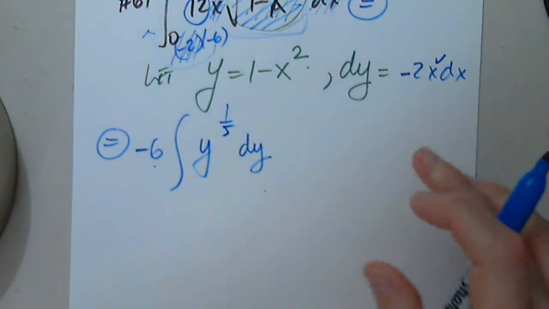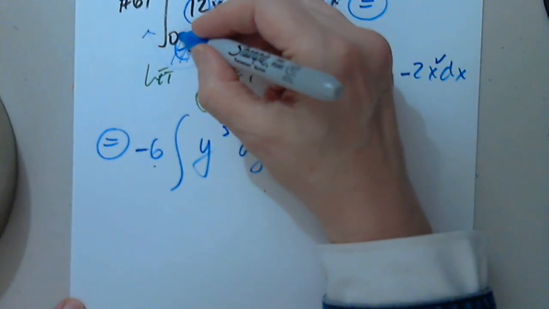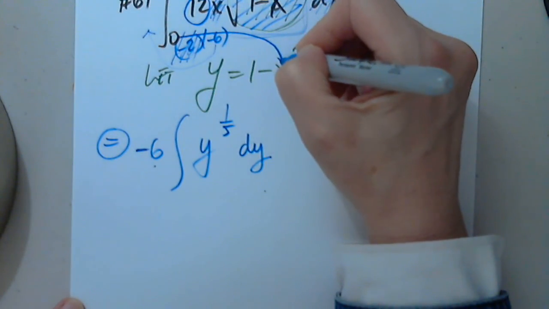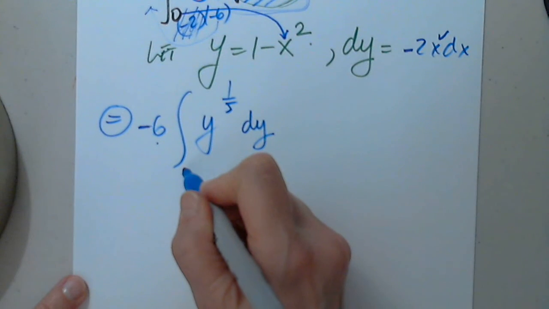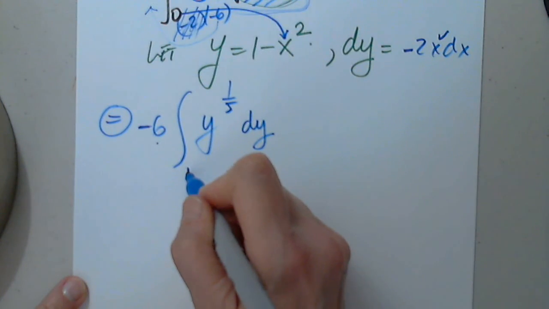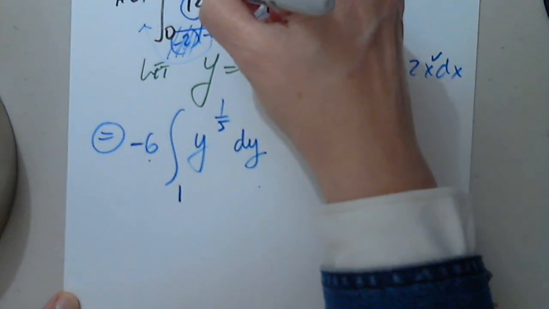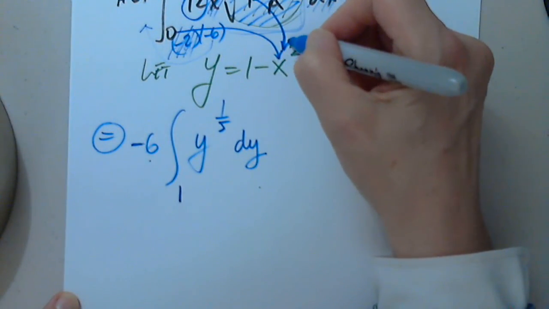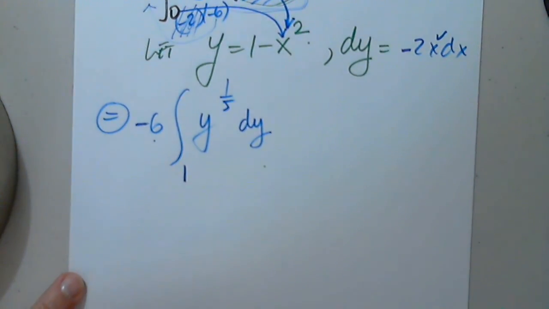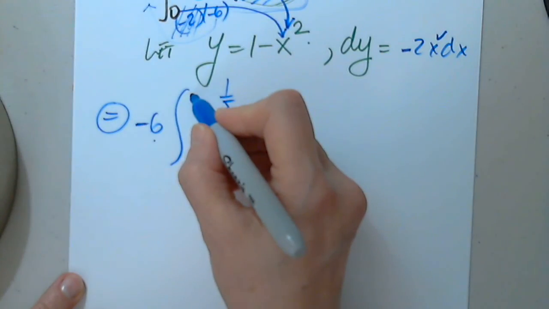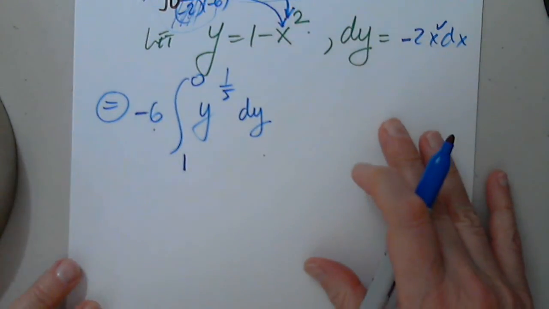Excellent. Careful now. When the lower limit of x is 0, what is the lower limit of y? One. Excellent. When the upper limit of x is 1, what is the upper limit of y? 0. Excellent.